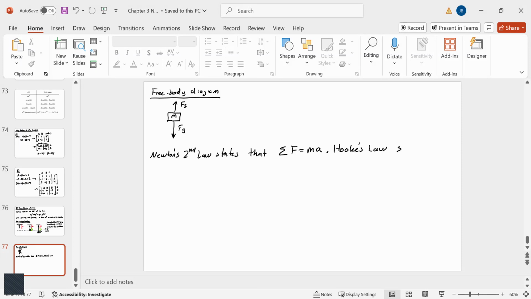Hooke's law states the force of a spring is proportional to its displacement. Now, this only works for small displacement. If you stretch a spring too much, it's going to bend and not work anymore. But basically, however much I pull the spring, the force is proportional to how much I pull it by. So to define our variables, the force of the spring is Fs.